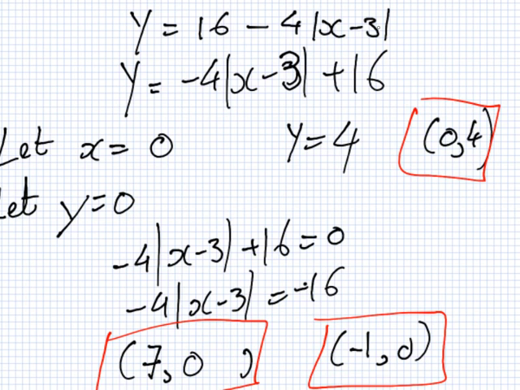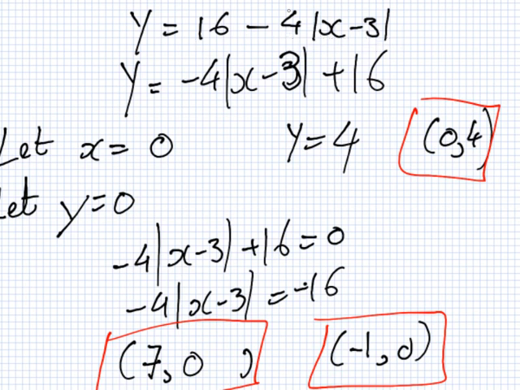It gets bigger. What happens to the absolute of x minus 3? It gets bigger. If I multiply this by 4, it gets bigger. Minus 4 times all of this is getting bigger. So as x gets bigger, what happens to this piece at the end? It gets bigger. So if I have 16 minus a bigger and bigger number, the answer is getting smaller.